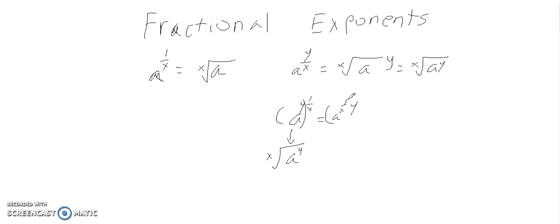Here it's like we have a to 1 over x times y, or to the y, not times y. That would be silly. So here, that turns into the x root of a, the whole thing, I didn't put parentheses up here, but it is pretty obviously outside, to the y power.